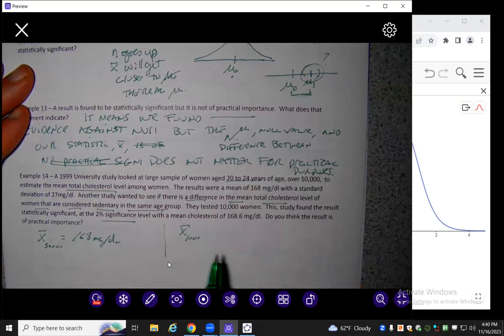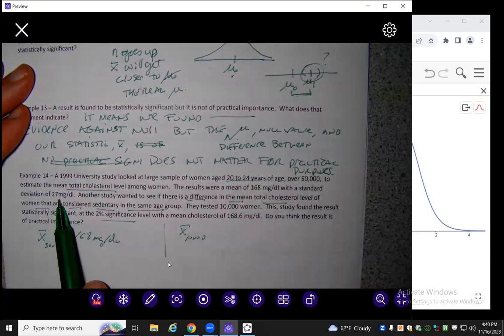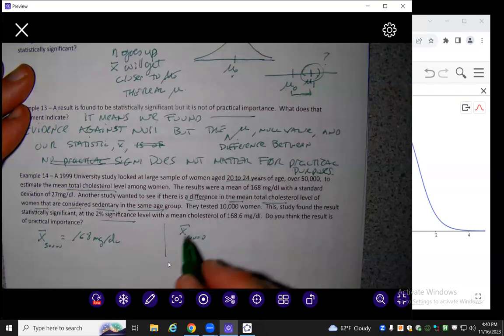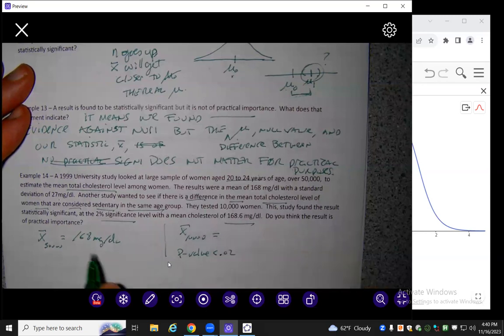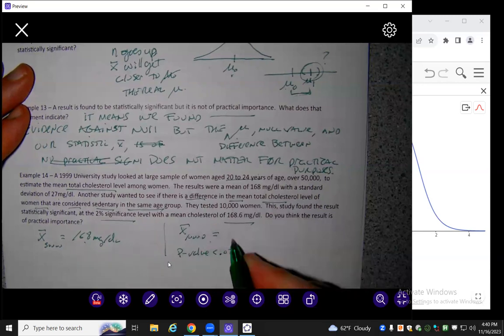So it's a very large sample size. Notice my standard deviation is very tiny. So what did it find? It was definitely significant at the 2% significance level, so my p-value is less than 0.02.